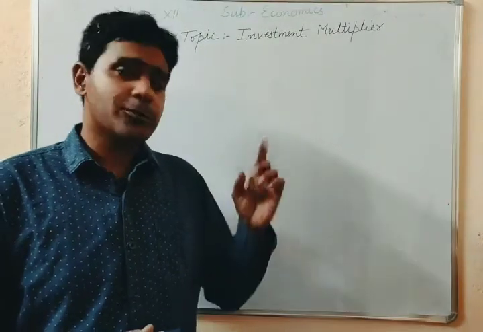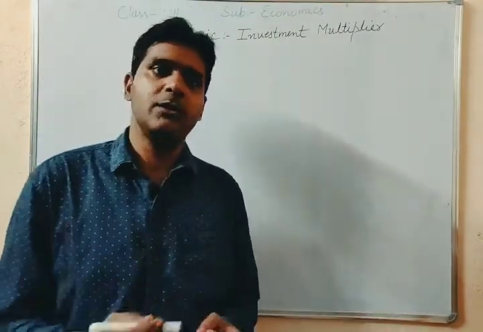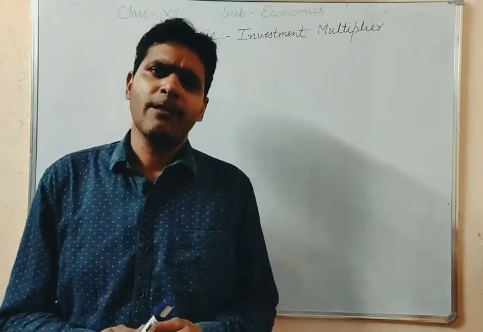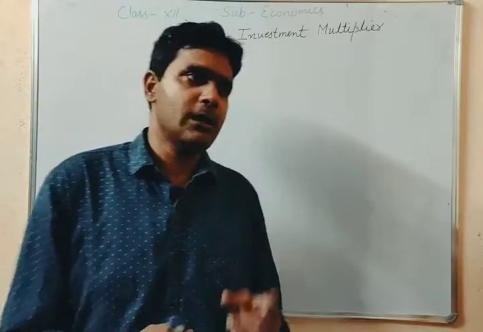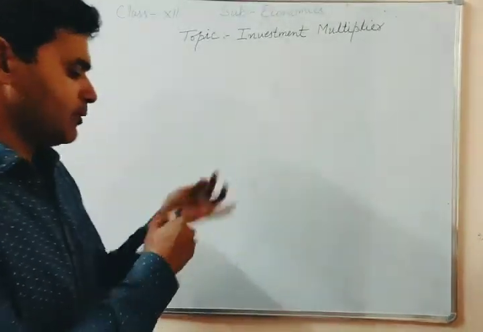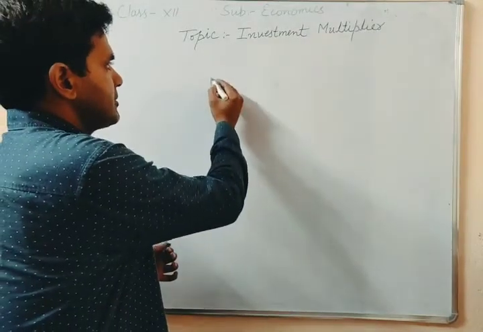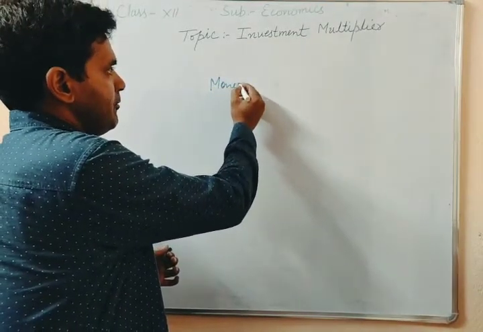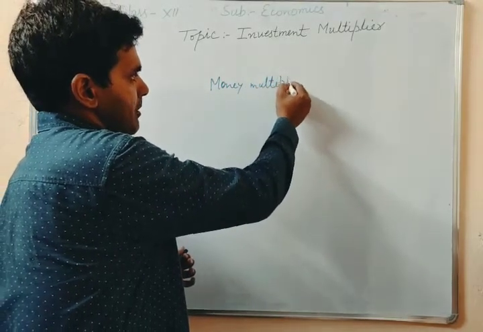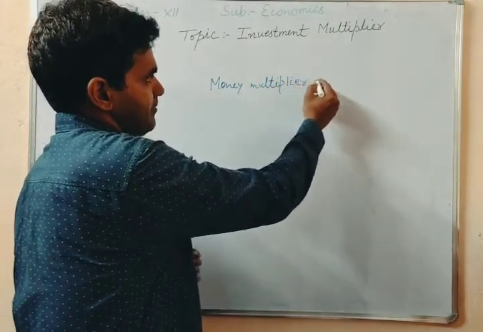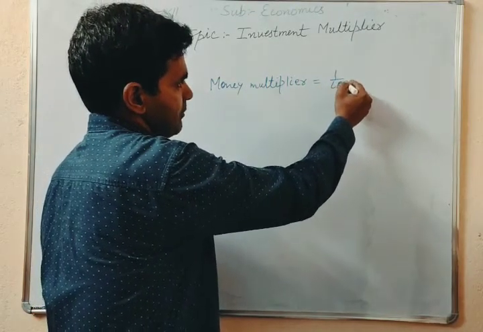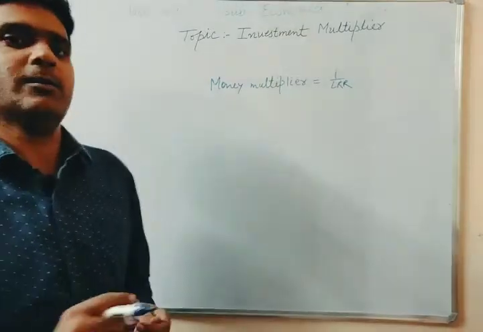Before we proceed to the investment multiplier, first let me remind you of the money multiplier, which you discussed in the second unit, money and banking. The formula for the money multiplier is 1 upon LRR.